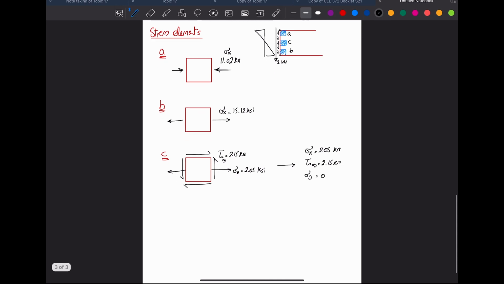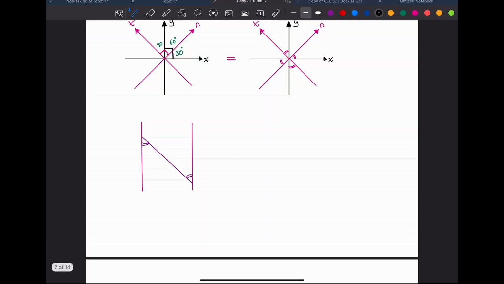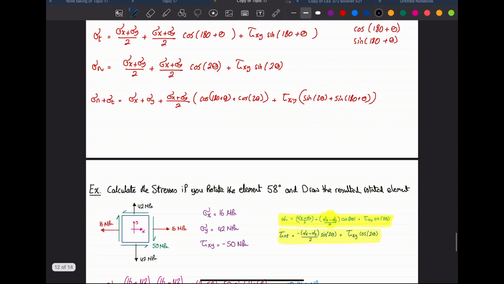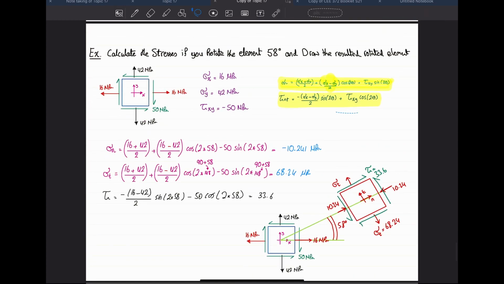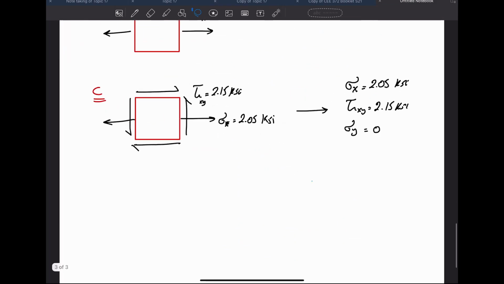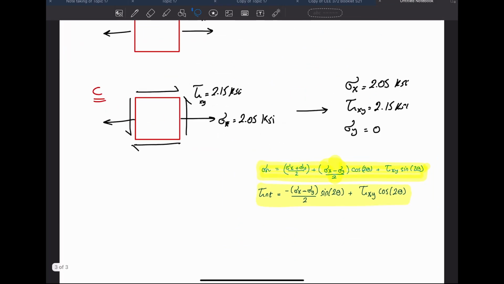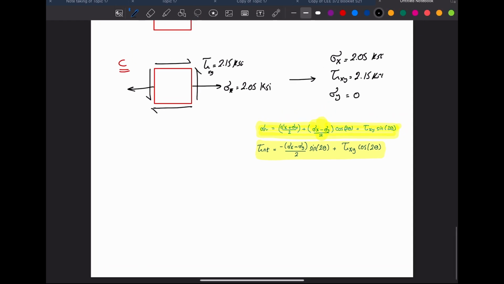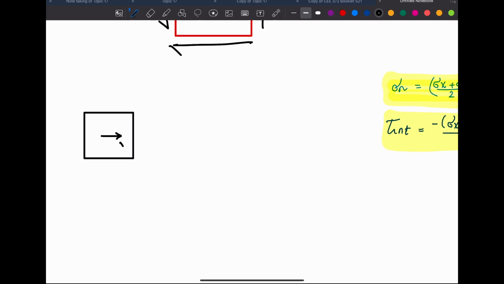I'm going to use the equations that we had in the lecture, just copy them here, and I'm just going to plug and chug. But before plugging and chugging, this is the stress at C. The axes here were X and Y. What I want to do is rotate this element by 45 degrees.